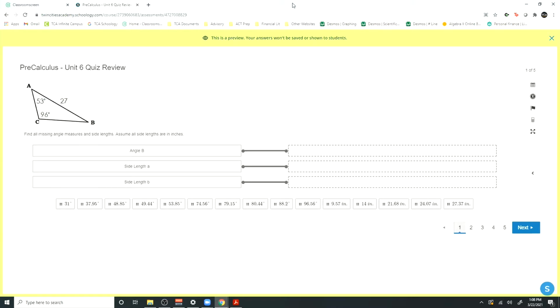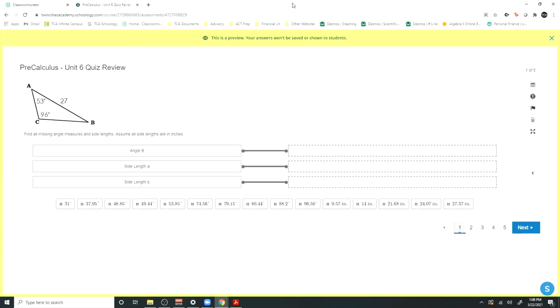I know that angle A is 53 degrees here, and that angle C is 96 degrees. For side lengths, I only know side length c is 27, so I'm missing angle B, side length a, and side length b.